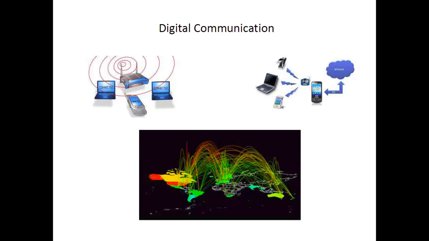Okay, beyond that, digital communication is another big application area of signals and systems. So communication technology is designed in a way to carry information that's robust to errors due to noise, interference, multipath.